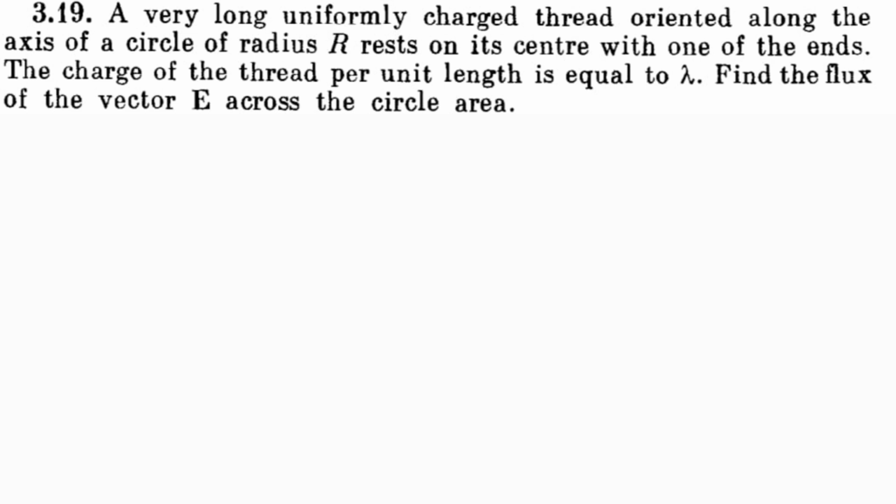So if we try to understand this problem, let us first of all understand the diagrammatic aspect of the problem. This is a linear charge distribution that we have, and it is having positive charge distributed all over it, having charge density lambda, which is mentioned in the problem, lambda charge per unit length.